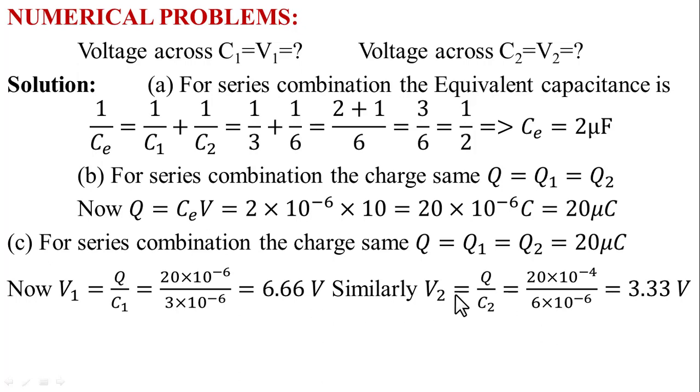Similarly, we can find V2, equal to Q upon C2, that is 20 multiplied by 10 raised to power minus 6 divided by 6 multiplied by 10 raised to power minus 6. Here 20 divided by 6 is equal to 3.33 volt. So V1 is equal to 6.66 volt and V2 is equal to 3.33 volt.